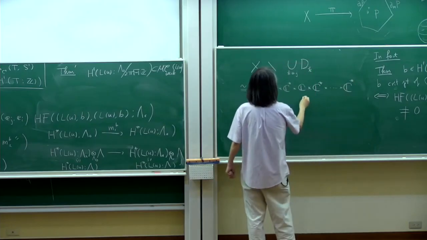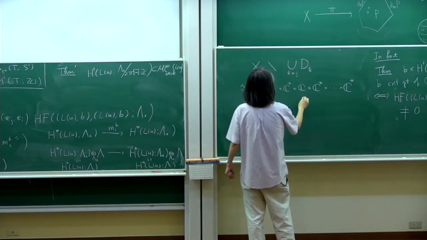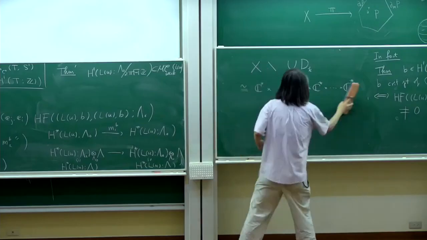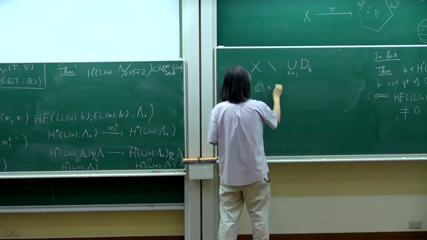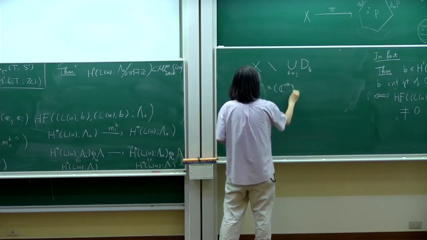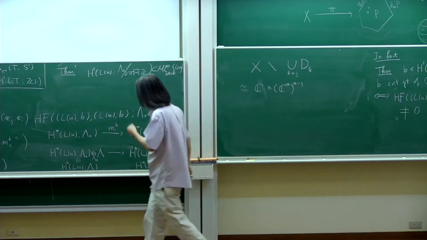I don't know. Maybe this is not good. Sorry. So maybe we have to write C times C star to the power n minus 1. Yes.